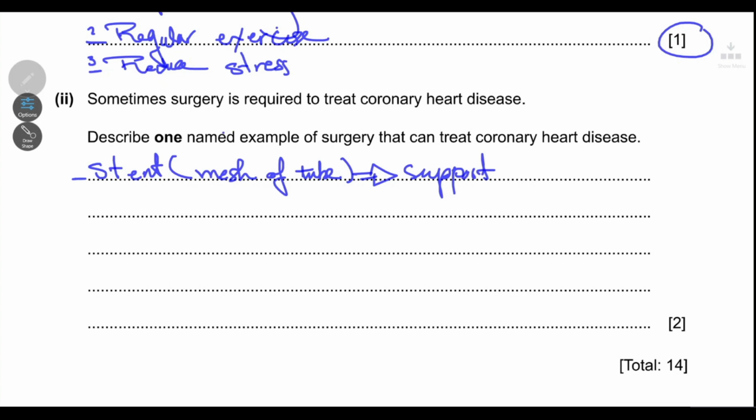How can we use this? Actually, this is a small mesh tube, which is the stent. First, we have to have a balloon catheter, to be inserted into the defected artery.